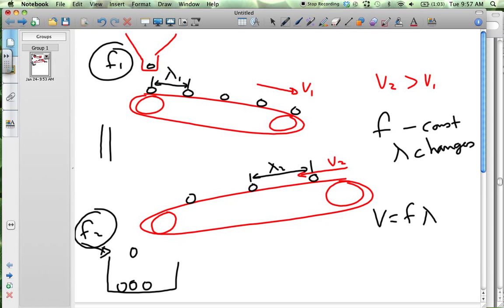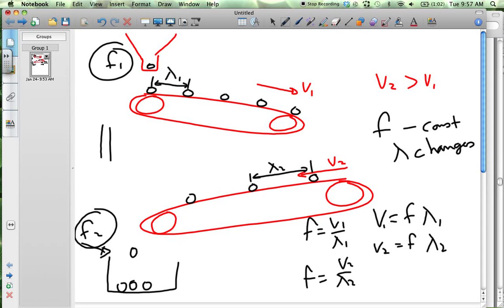So if I've got V1 and lambda 1 and V2 and lambda 2, then the frequency of both of them will be equal: the frequency will equal V1 over lambda 1, and that will equal V2 over lambda 2.